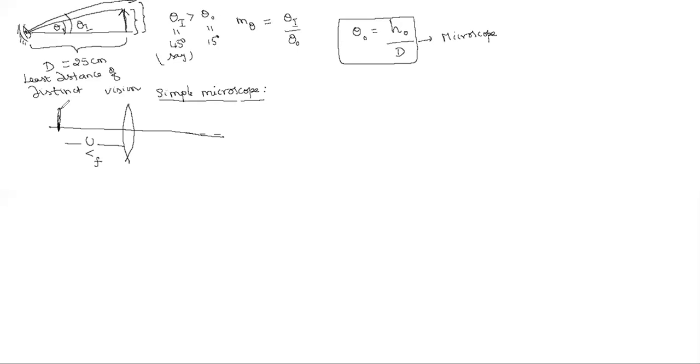If the object distance is less than the focal length, then the image for a convex lens is formed on the other side or on the same side? Here u is less than f.